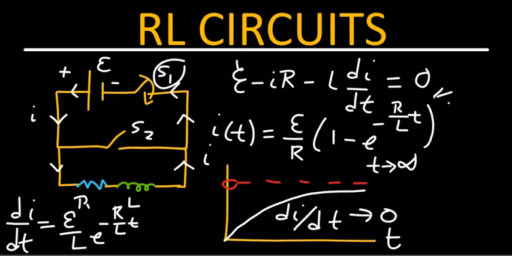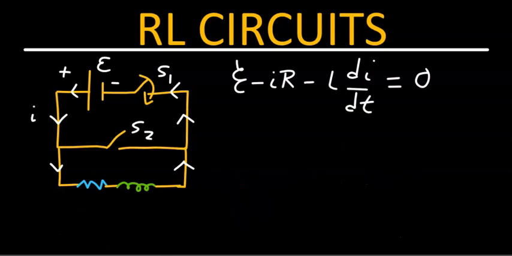What that means is the rate of change of current tends to 0. The interpretation is the current tends to stabilize. That's the reason why the rate of change of current goes to 0 at very large time. So the picture is, after a very long time, the current in the circuit will simply become E over R.